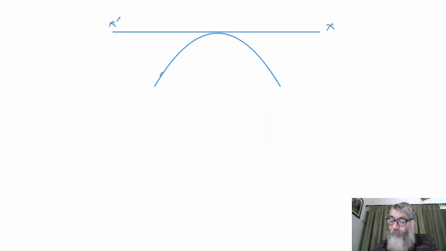Or it is cutting x-axis at two places, opening upward or opening downward. In the third case, it is touching the x-axis, opening upward or opening downward. So there are three cases for both the things.